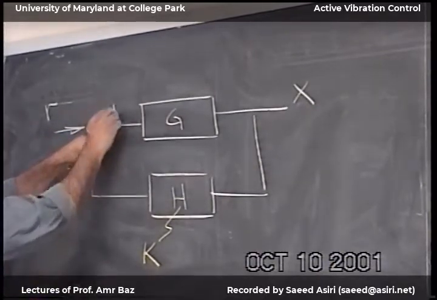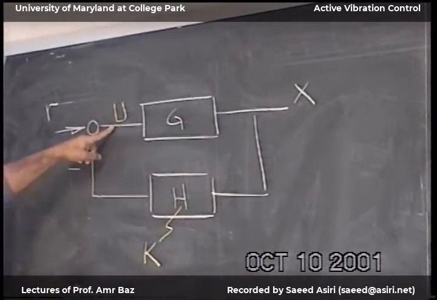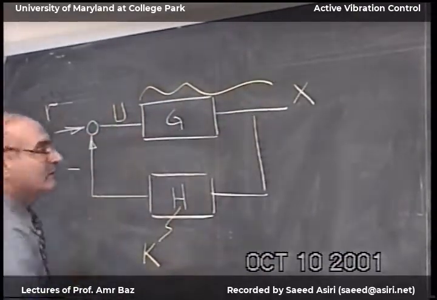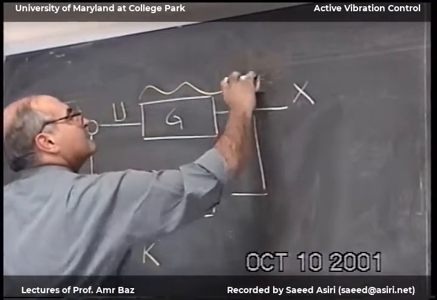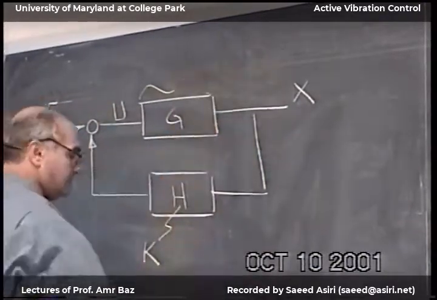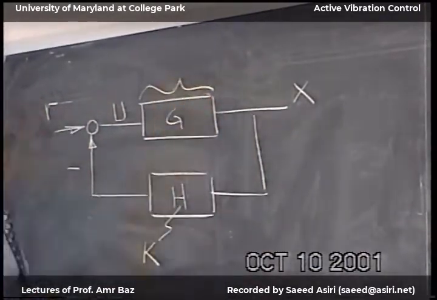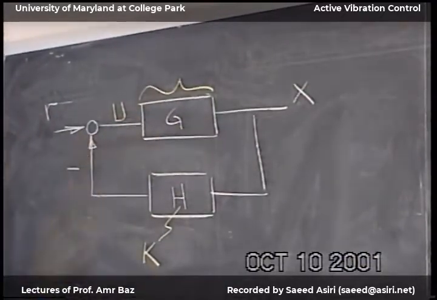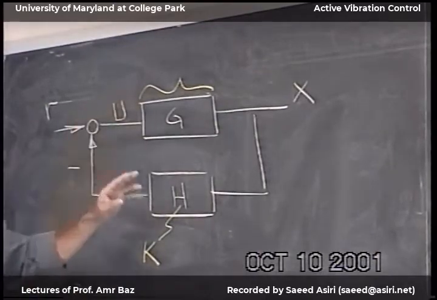Whatever comes here at this point is u. Now this will be the transfer function between x and u. Okay. Now how would I get this?